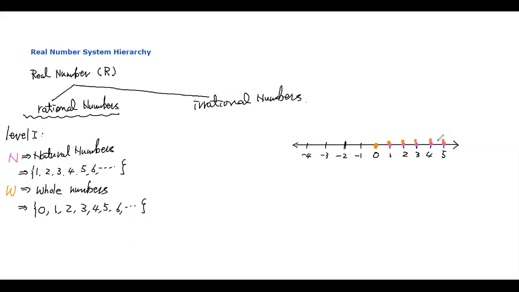The natural numbers are included in the whole numbers. The whole numbers are just the natural numbers with one extra zero. You might think, oh yeah, but in the history of number theory, it took a few hundred years for people to recognize the meaning of zero.